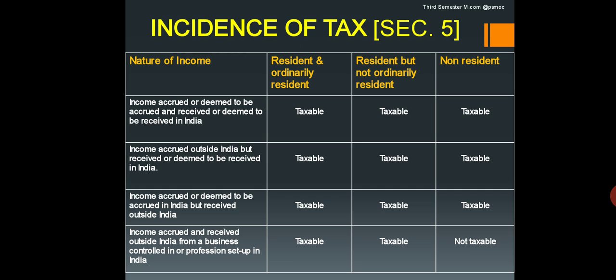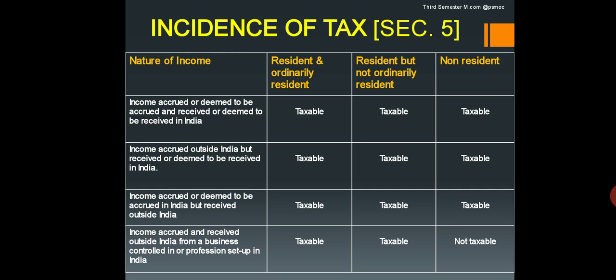For the non-resident and a resident but not ordinary resident, you just see what are the incomes taxable. Income accrued or deemed to be accrued in and received or deemed to be received in India will be taxable to everyone. And income accrued outside India but received or deemed to be received in India will also be taxable to everyone.